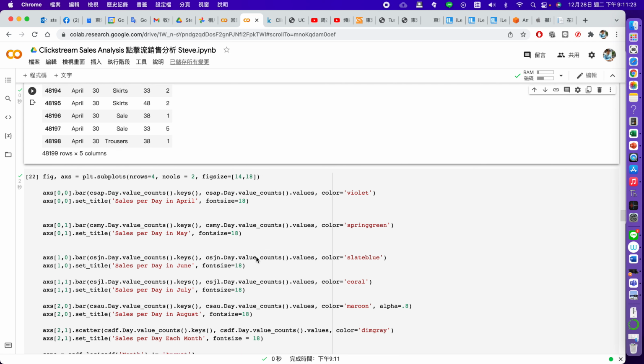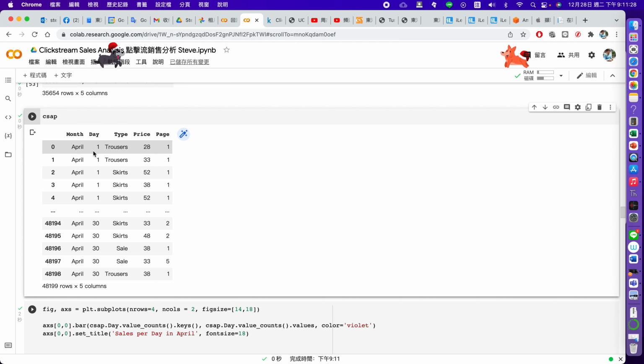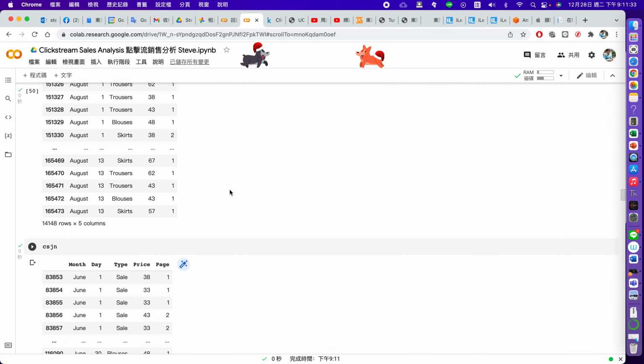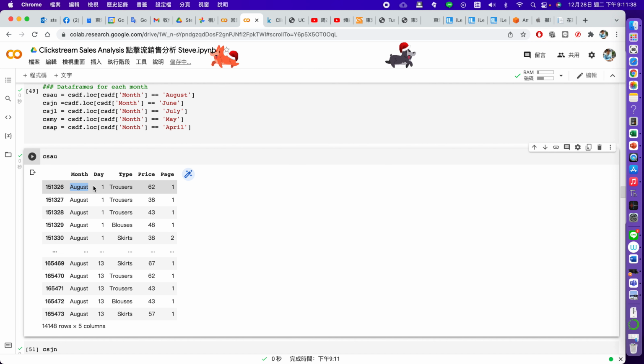Okay, for the rest of the 4 months, they start from the first day of the month and end on the last day of the month, except August. August only has the first day of August, and the last day for August is 13. Okay, the 13th. So it's not whole month sales. So the last day for August is the 13th.